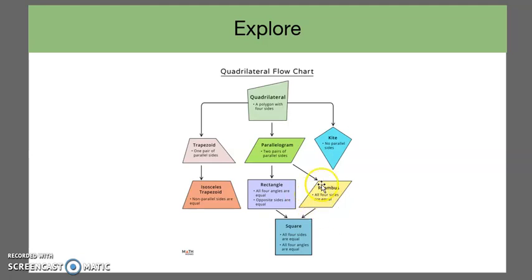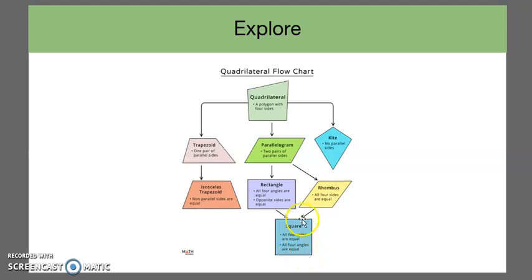So that means this side, this side, this side, and this side are equal. And last, between the rectangle and the rhombus, you can create a square. They both have the same properties. A square has the same properties as a rectangle and a rhombus. So in a square, all four sides are equal and all four angles are equal.